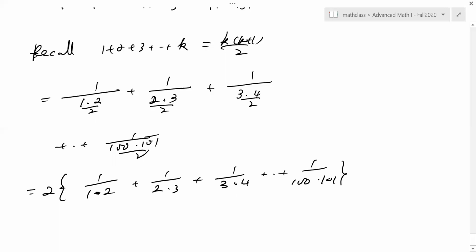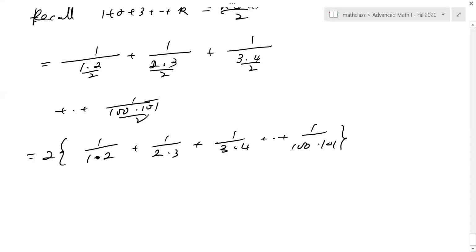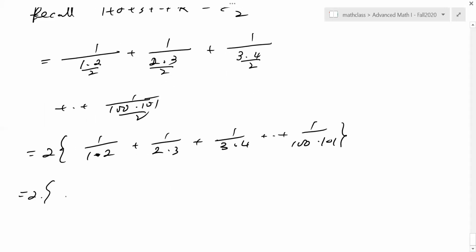So you get all those terms now. And since they're already familiar, you can cancel them. So you can write this as 1 over 1 minus 1 over 2, 1 over 2 minus 1 over 3, 1 over 3 minus 1 over 4, and 1 over 100 minus 1 over 101.